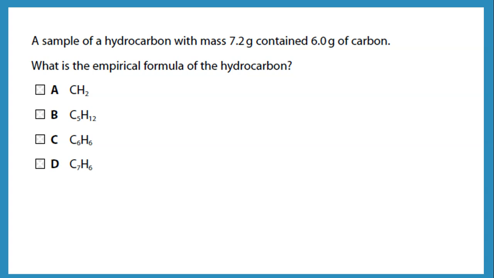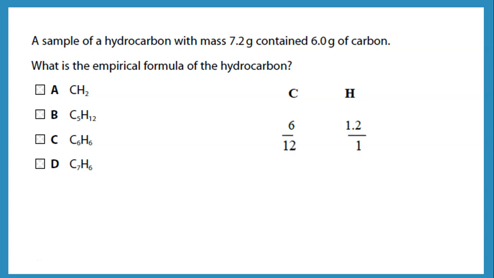So the first thing you need to decide, how much hydrogen do we have? If we have a total 7.2, 6 grams carbon, then the hydrogen is 1.2, the rest of the 7.2. Now, to calculate empirical formula, we go through 2 main steps. The first is divide by the mass number.